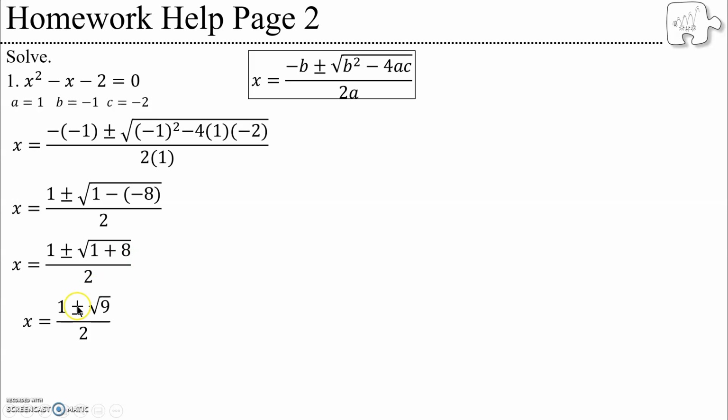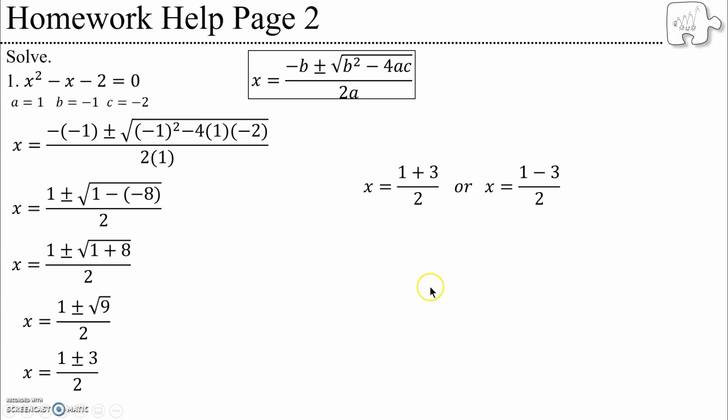And now we can figure out what the square root is. The square root of 9 is 3. So we have 1 plus or minus 3 over 2. Now you might be confused as to what this plus or minus means. We've worked a little bit with plus or minus when we were doing absolute value problems. But what we're going to do here is break it up into two problems. We're going to say 1 plus 3 over 2 or 1 minus 3 over 2.